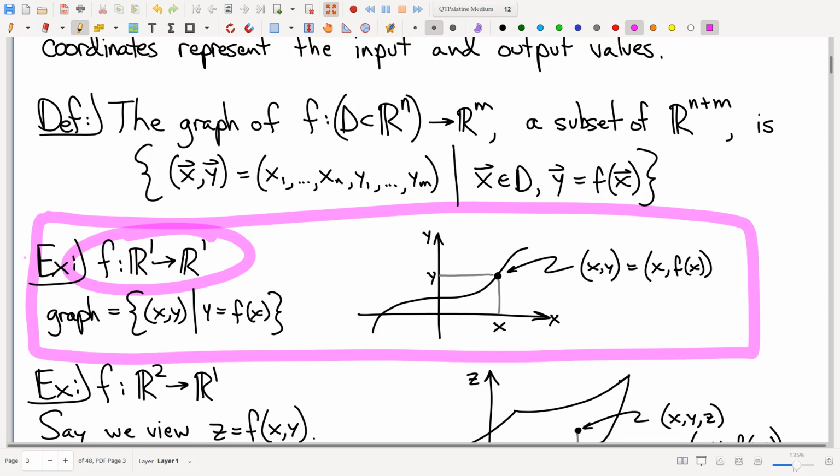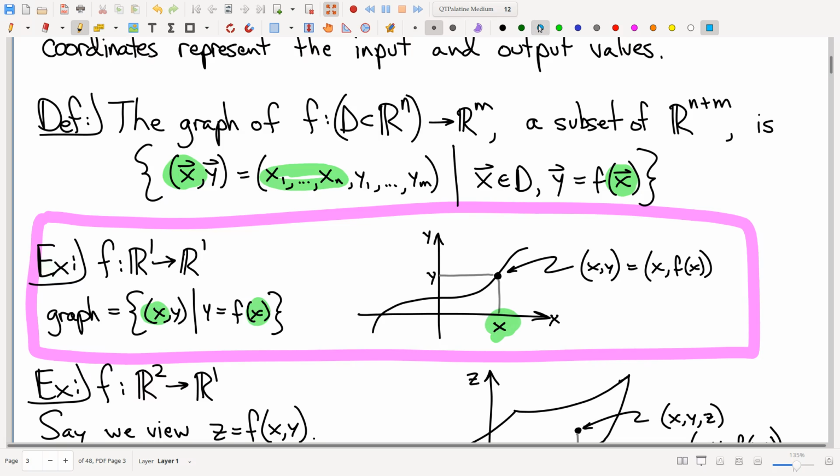Okay, so the idea of a graph is that we're going to take input values, which might in general be an entire vector of coordinates that go into the function. We're going to list all those input coordinates first. In this case, what goes in is just the coordinate x, so we're going to list that first.